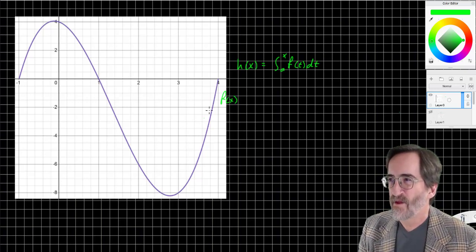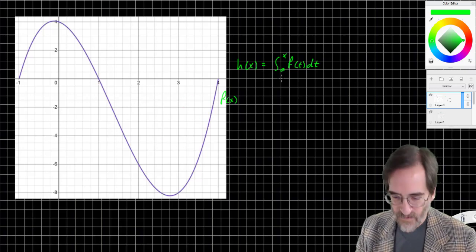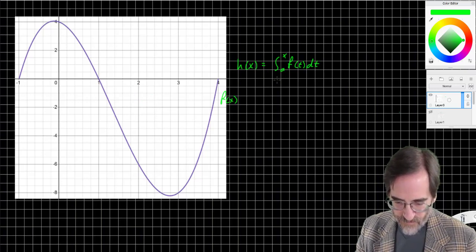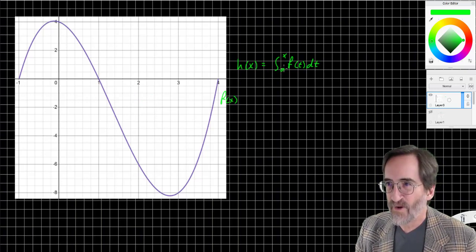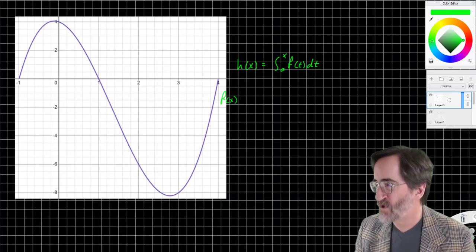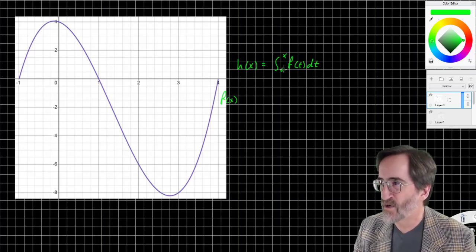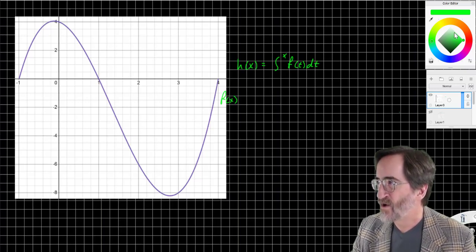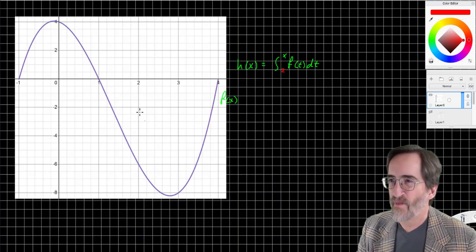Okay? So we've got some graph of f of x, and it starts from a, and let's let a be how about 2? Let's let a be 2, and let's talk about the graph of the integral. So we're going to start at 2. Okay, so here we go.